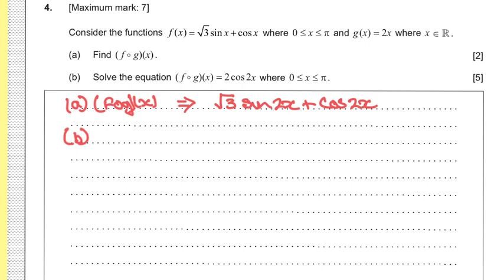In B, we want to solve the equation f of g of x equals 2 cos x between 0 and pi.